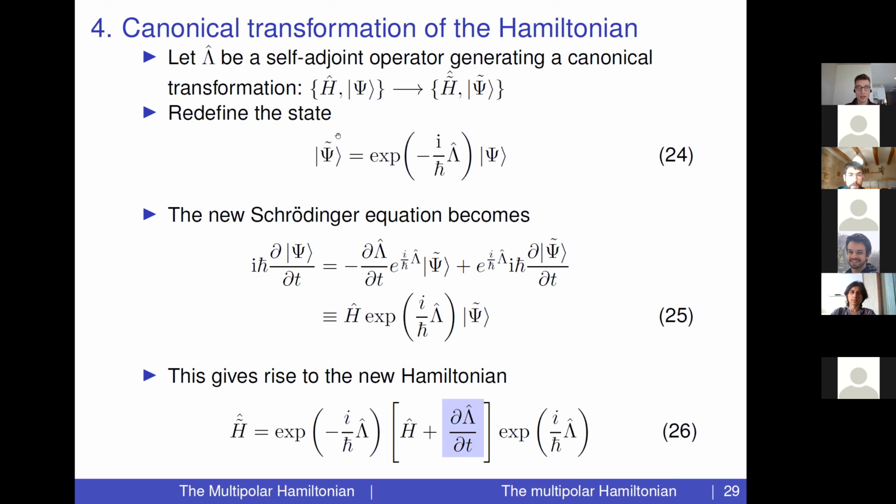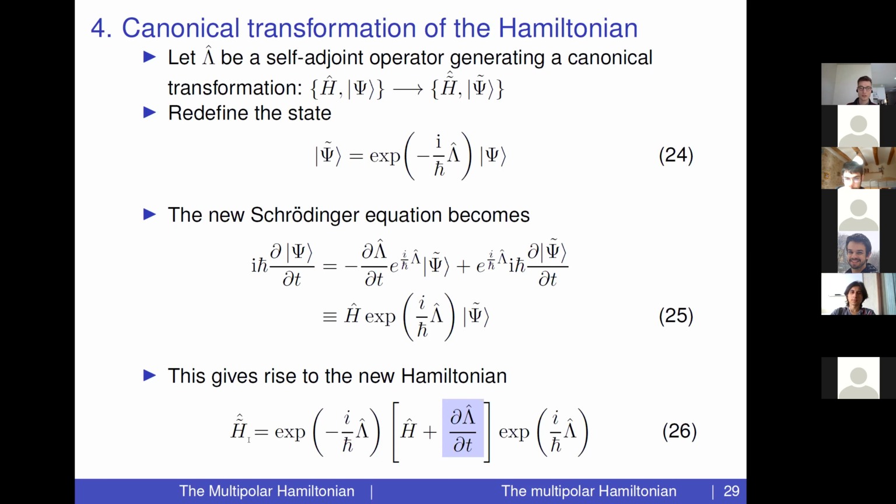We can then just define our new state in terms of the old one via this canonical transformation. We plug it into the old Schrödinger equation for the old state and can write it in this form. So this has to be then equal to this expression with just the right-hand side of the old Schrödinger equation now expressed in the new state. By some rearranging, this allows us to define the new Hamiltonian.